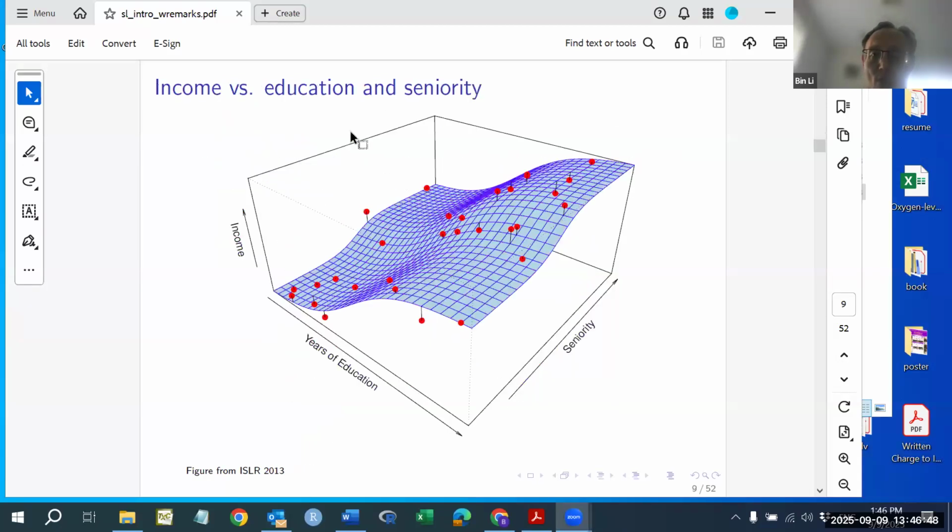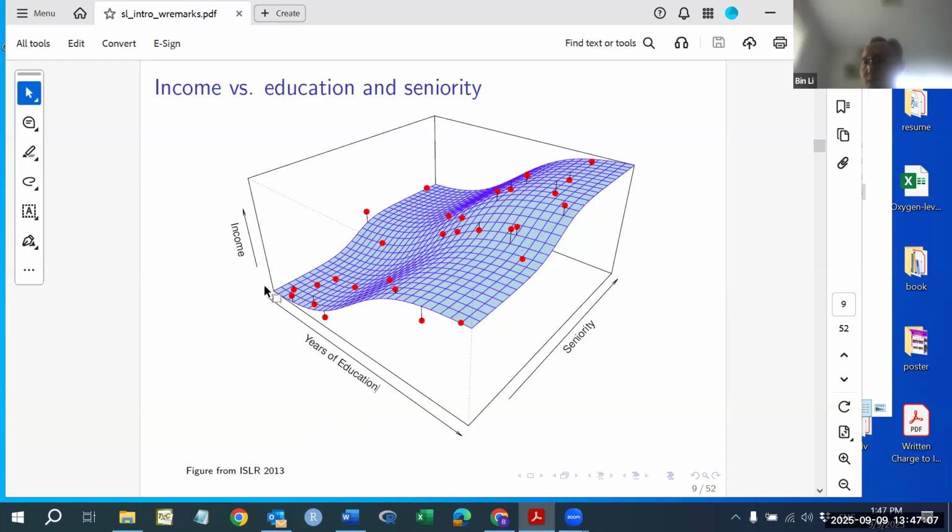Okay, so let's see an example. So here we have two x variables. One is the years of education, one is the seniority, and the output, the response variable, is the income.